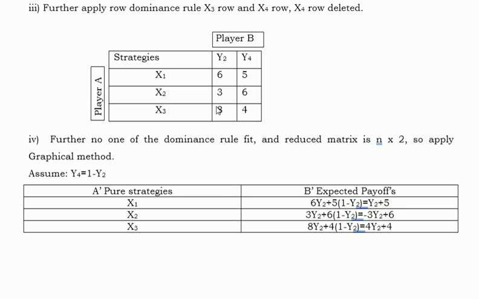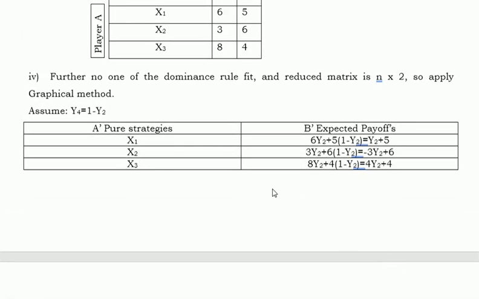Similarly for x2, 3y2 plus 6 into (1 minus y2), it is minus 3y2 plus 6. Similarly for x3, 8y2 plus 4 into (1 minus y2), 4y2 plus 4. So this is how to write the expected payoff linear equations.